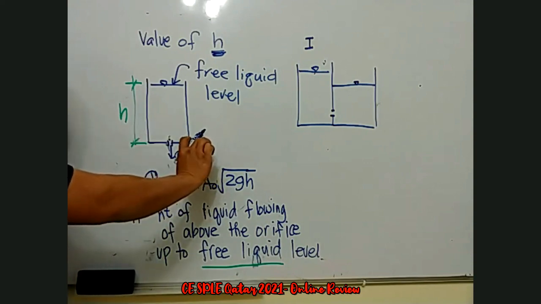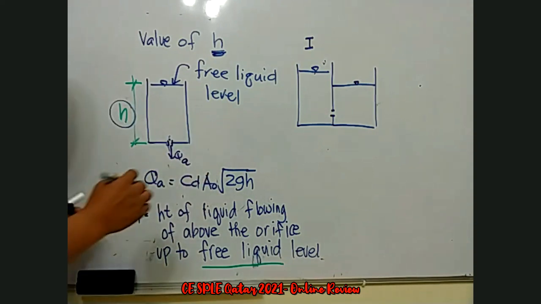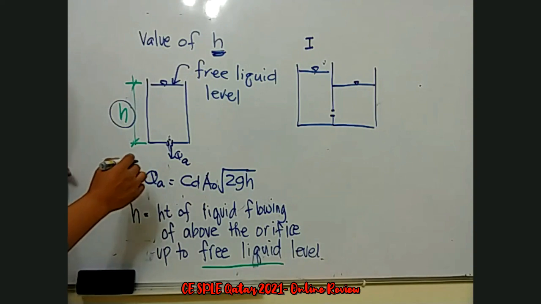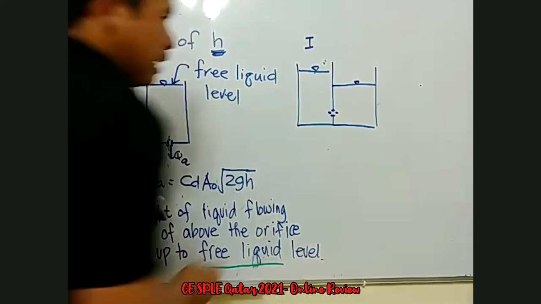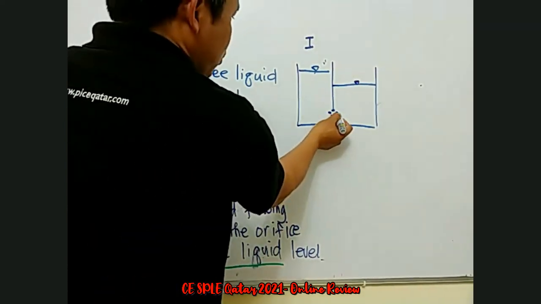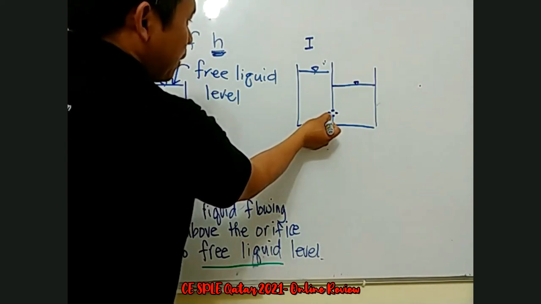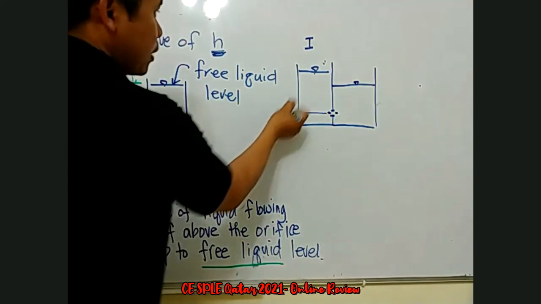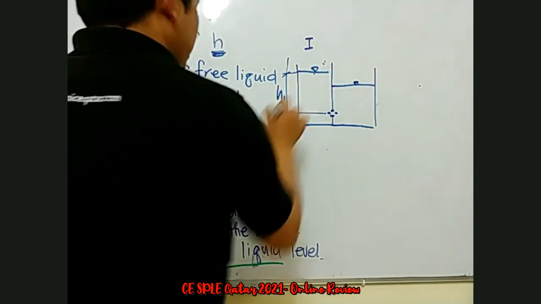So, the difference is simply H. Ngayon, dito, ito yung in, ito yung out. Tama? Do you agree na ito yung in, ito yung out? So yung H dito, head available dito, it should be this one. Let us say this is H1.